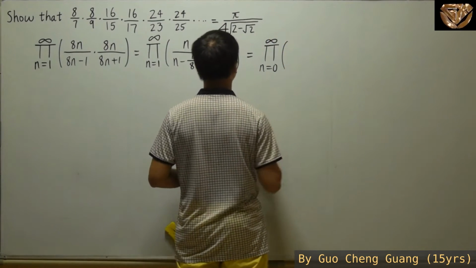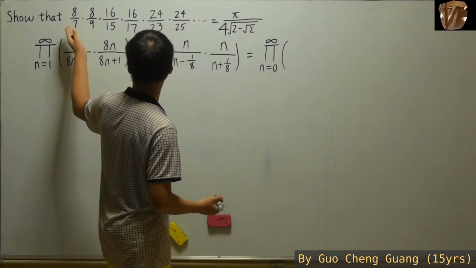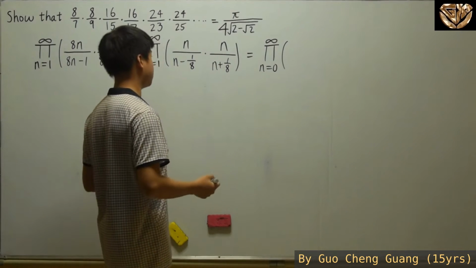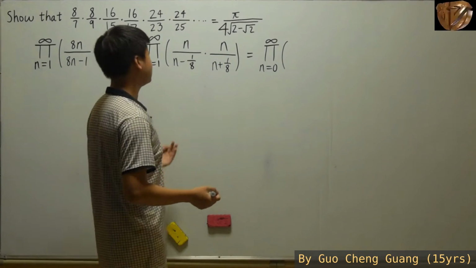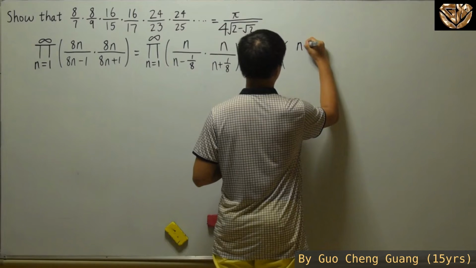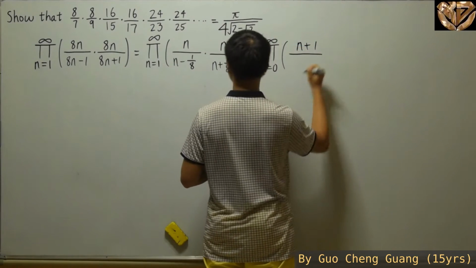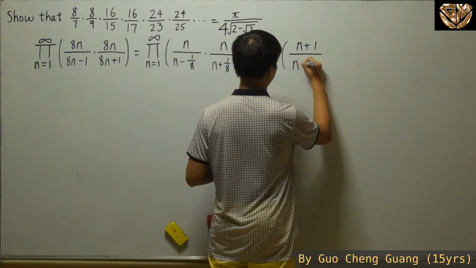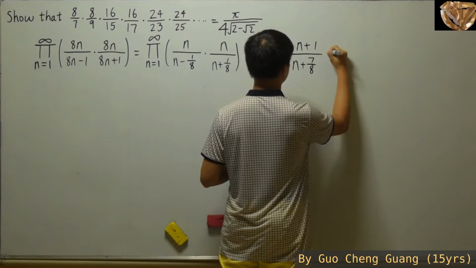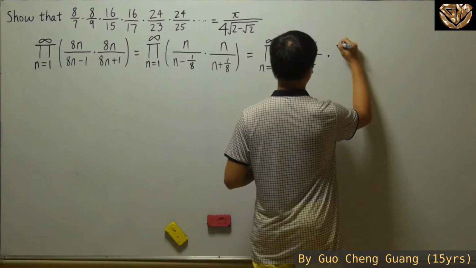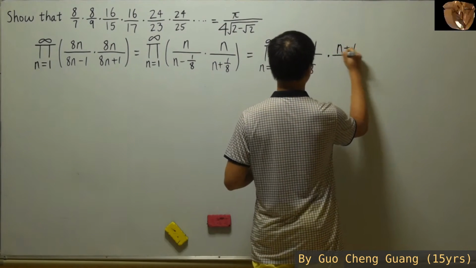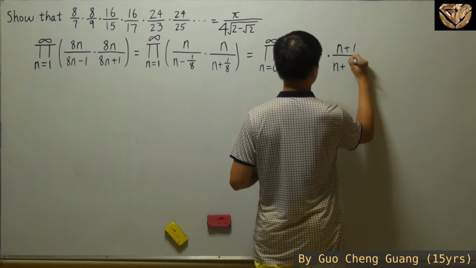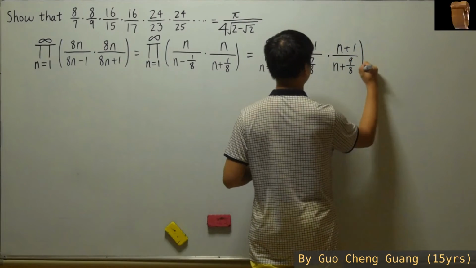If you want n to start from 0, but your first term then is 1, what happens? If it starts from 0, then you just have to make it n plus 1. And then this is divided by n plus 7 over 8, and this is multiplied by n plus 1 divided by n plus 9 over 8.